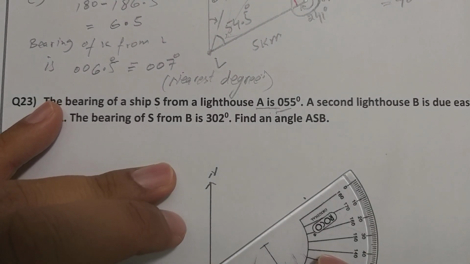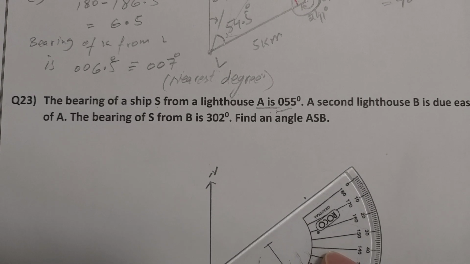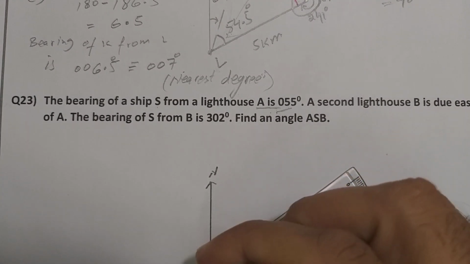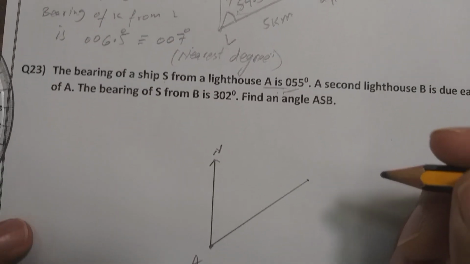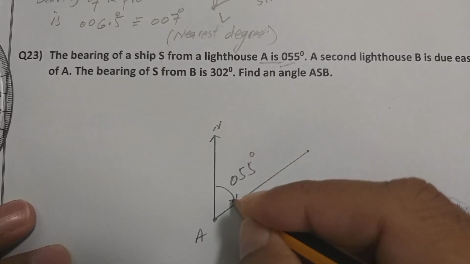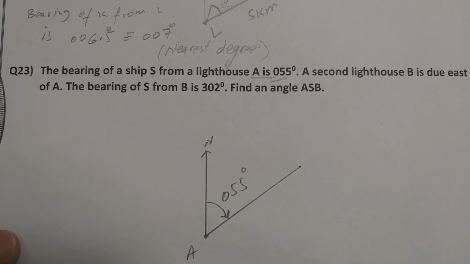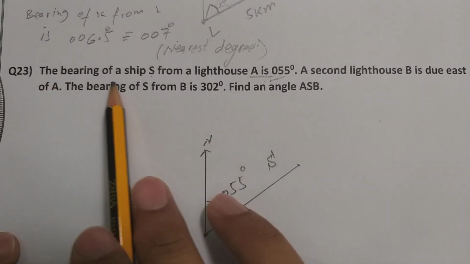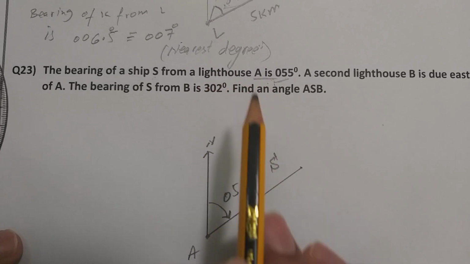Draw the line. This is 55 degrees. Now S is somewhere here on the line. This is point S, for example.